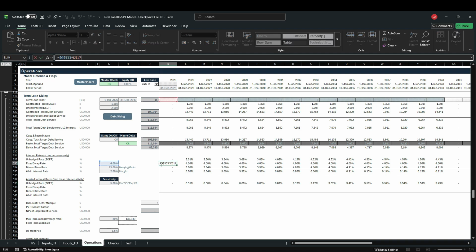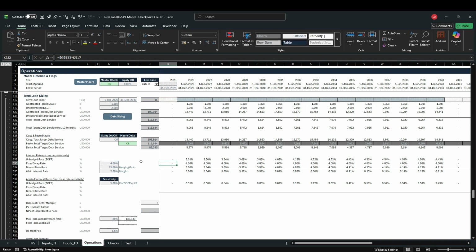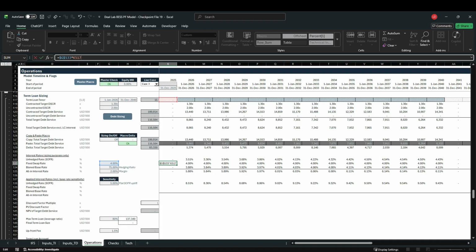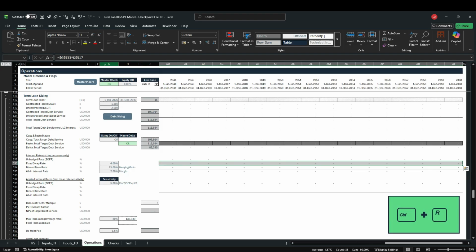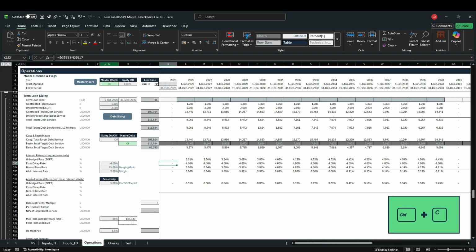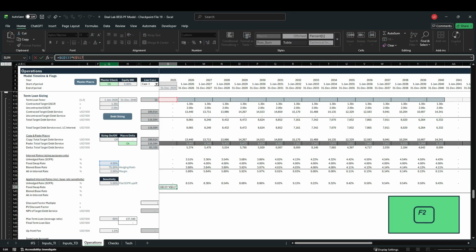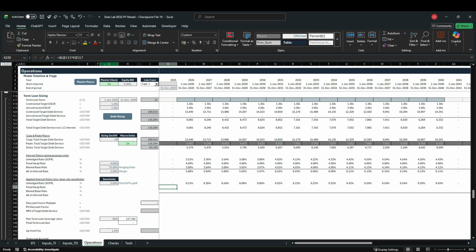Then for the fixed swap rate, let's pick up the formula that we had right here. But before we do this, let's anchor this to our row. So anchor 517 to the row only, drag it over, Control R. And then we can copy this formula, paste it here, hit F2, the reference is right.